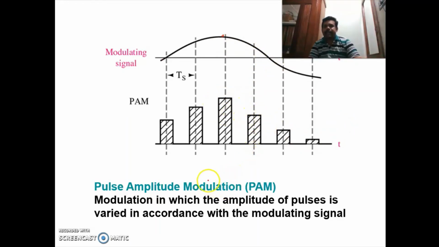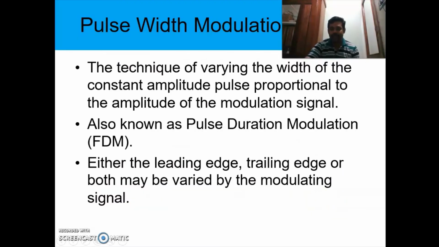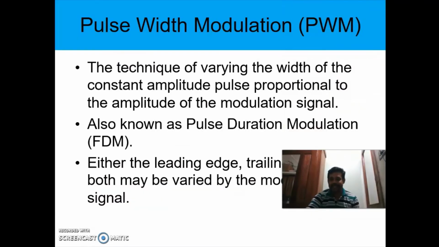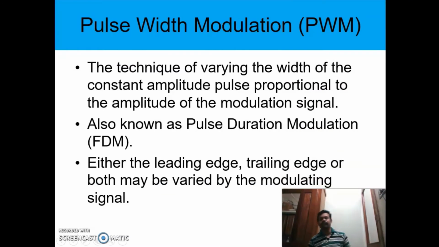So this is pulse amplitude modulation. Modulation in which the amplitude of the pulse is varied in accordance to the modulating signal is called pulse amplitude modulation. Next, we are going to study pulse width modulation.